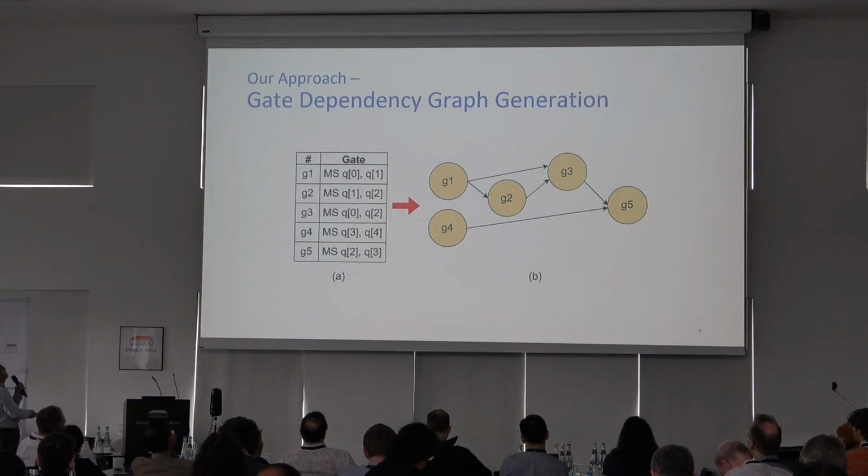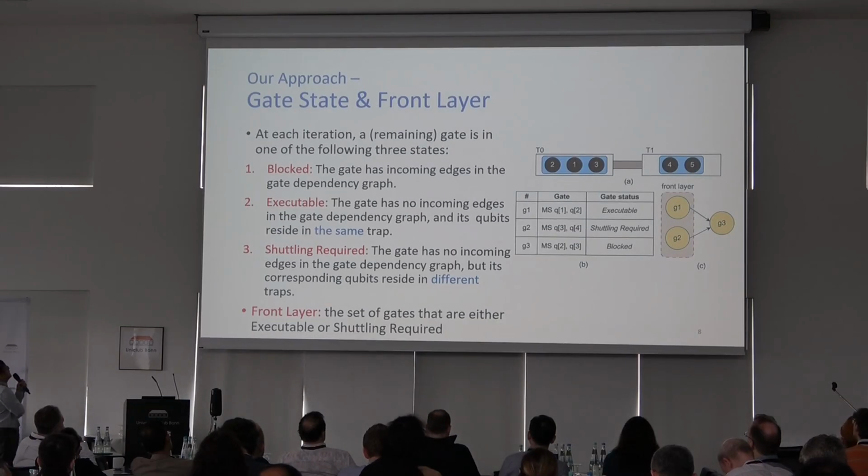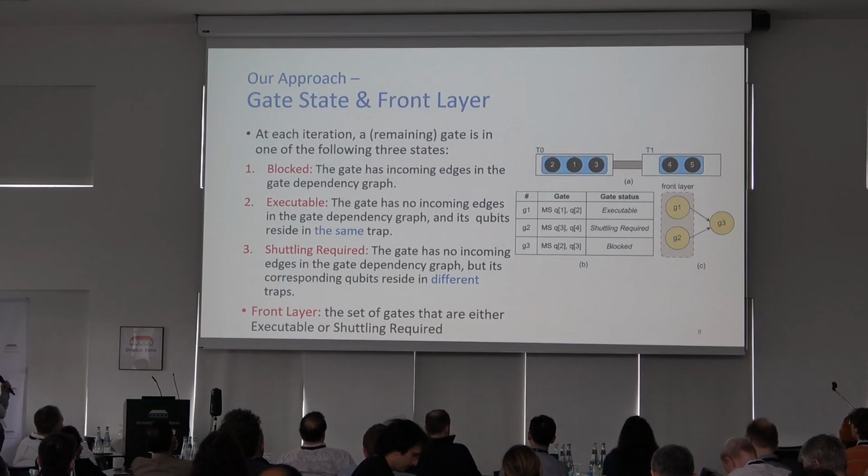And at each iteration, a remaining gate is in one of the following three states: blocked, executable, or shuttling required. A gate is in the blocked state, meaning that the gate has incoming edges in the gate dependency graph.